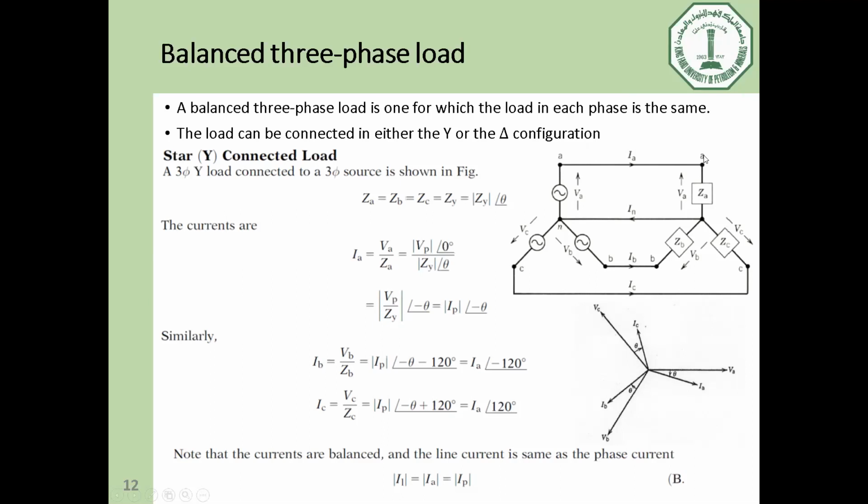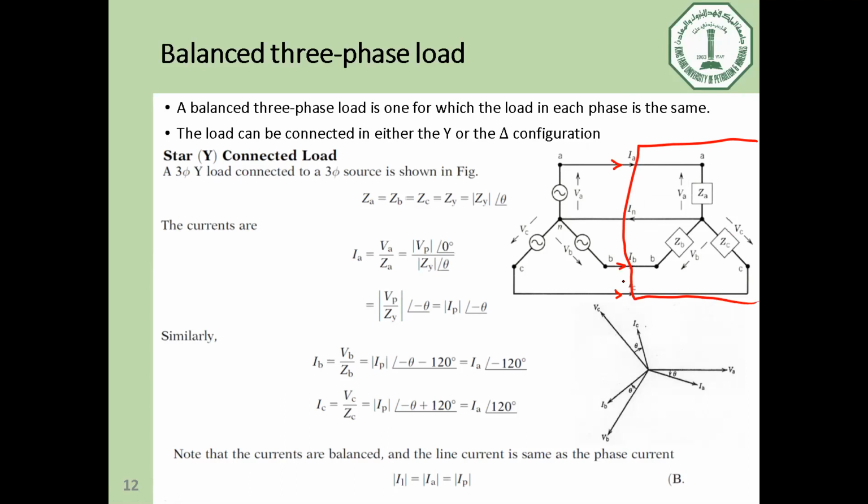Note that for star connection, this is the impedance of the load. What is the relation between line current and the phase current? If we make the phase current in a box, and if we make a box here on the load, so this is the line current here, here, and here.